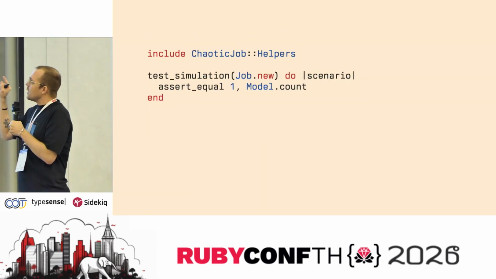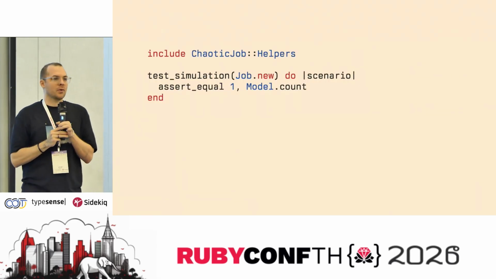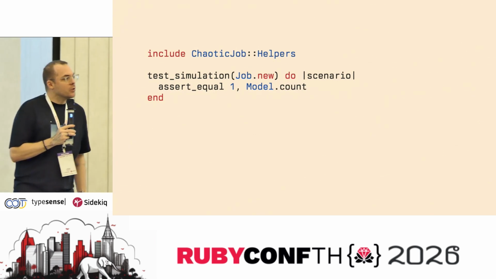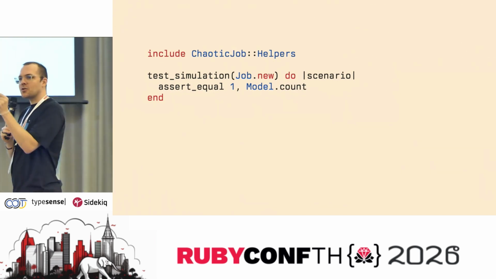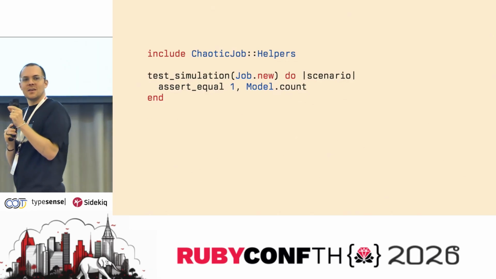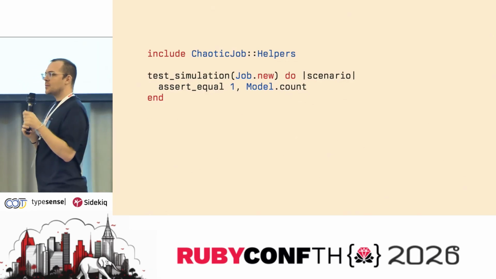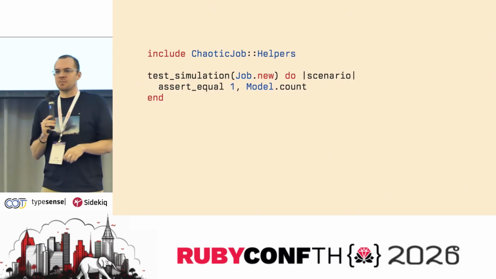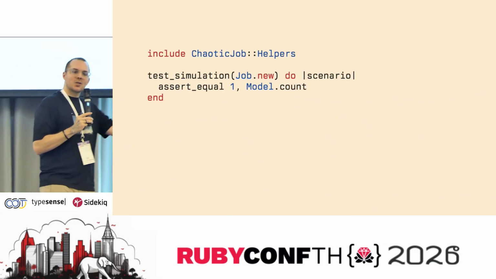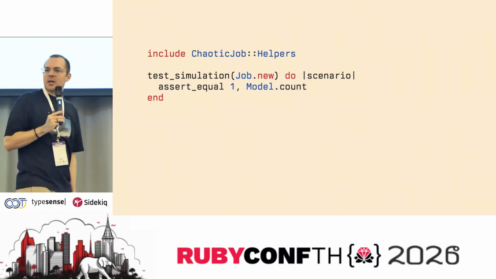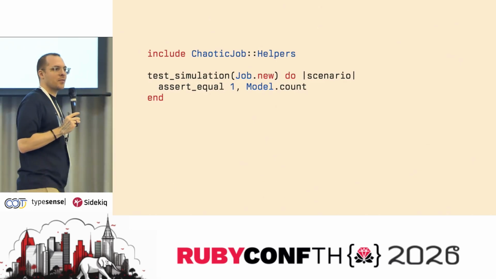The nice thing about this particular helper I have found is that using it has taught me how to write assertions that are true invariants. Because oftentimes if I pick a particular failure scenario and I write my assertions, I'm like, perfect, good. And then I switch over and I turn to my test simulation helper and I bring back those same invariants.